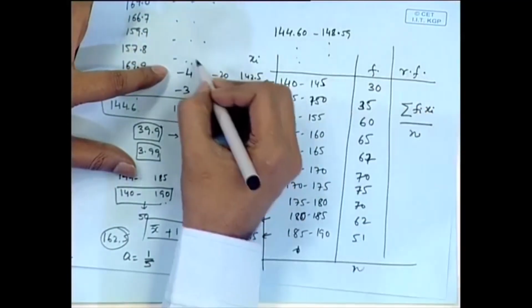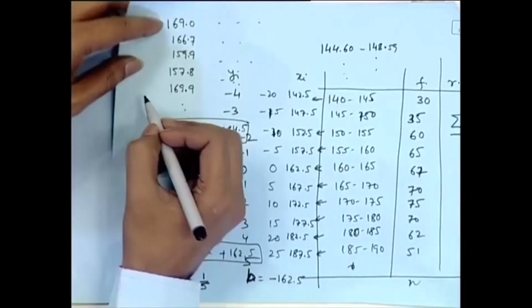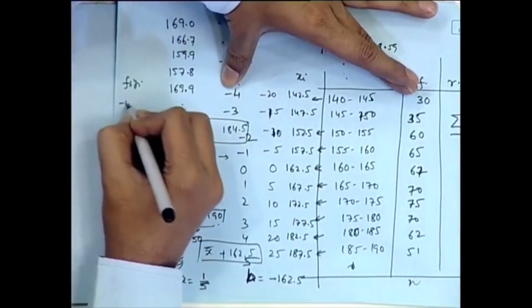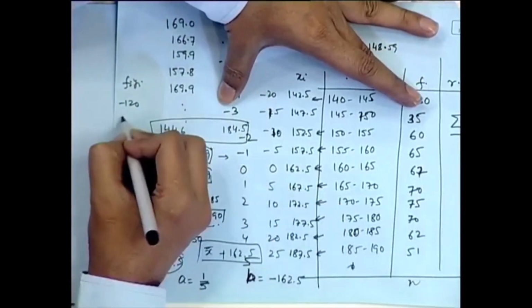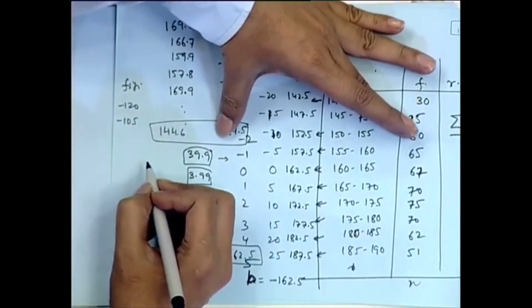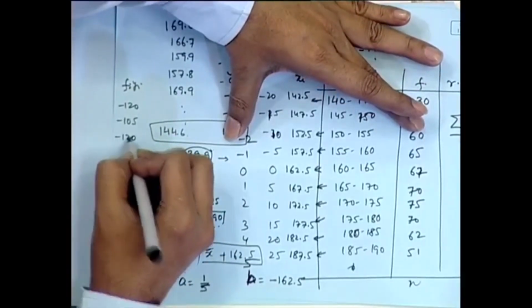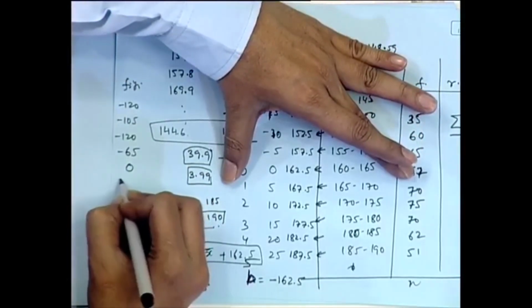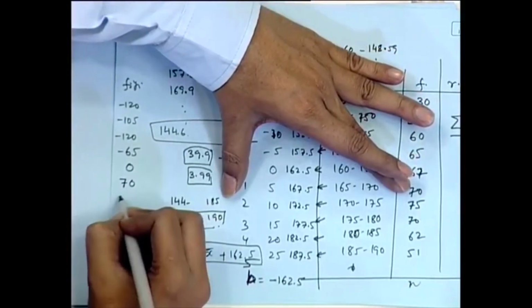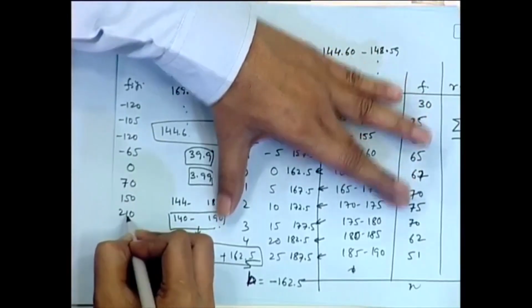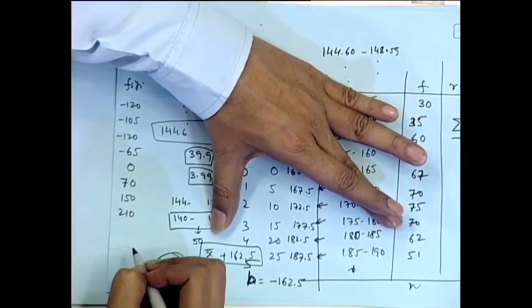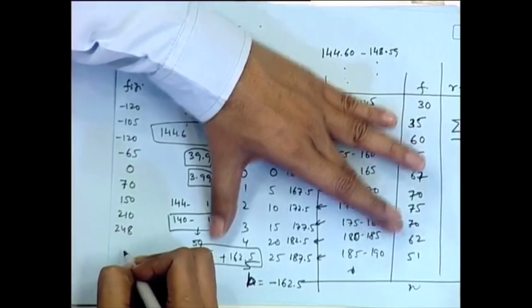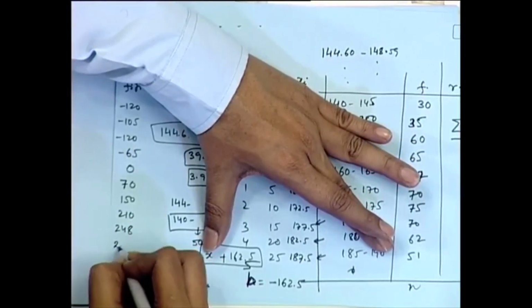If I calculate, suppose I call these y i's and I make a table f i, y i, then you see here the calculations: minus 120. So, the numbers can be handled very quickly: 105, then minus 120, minus 65, 0, 70, 150, 210, and 62 into 4, that is 248, and then 51 into 5, that is 255.